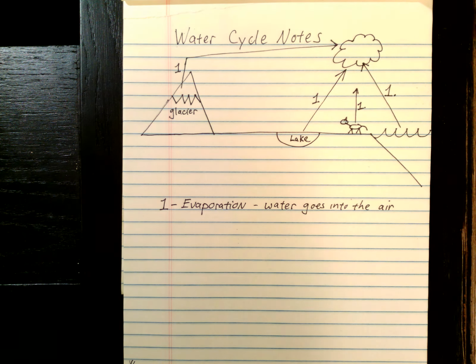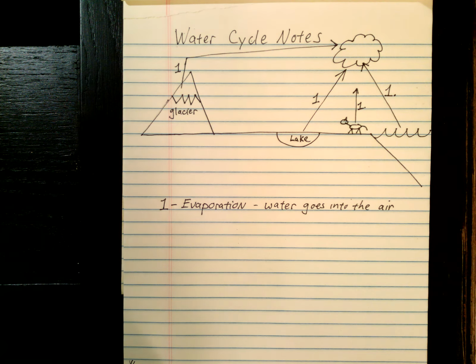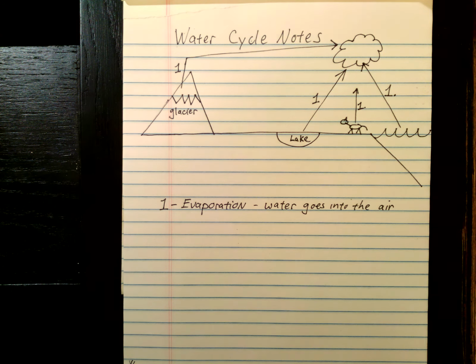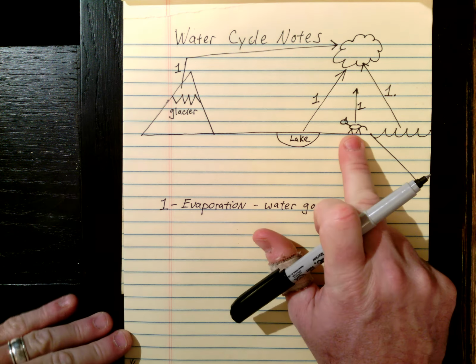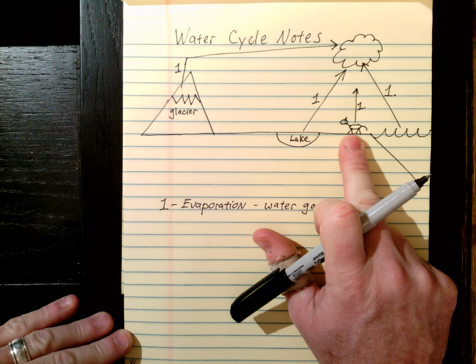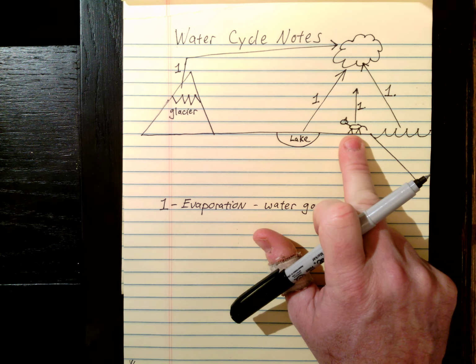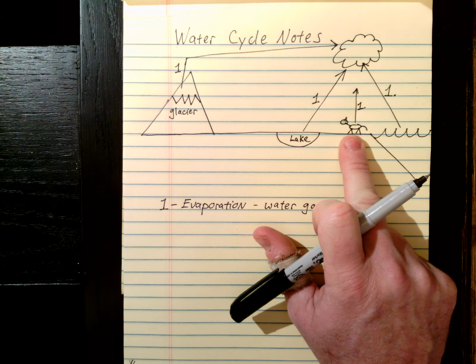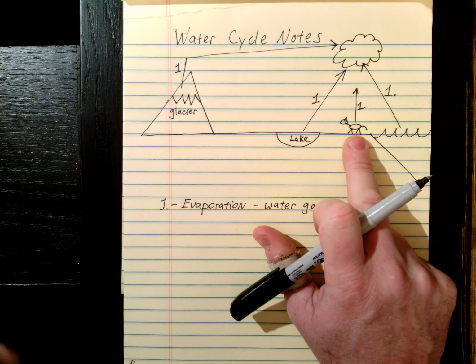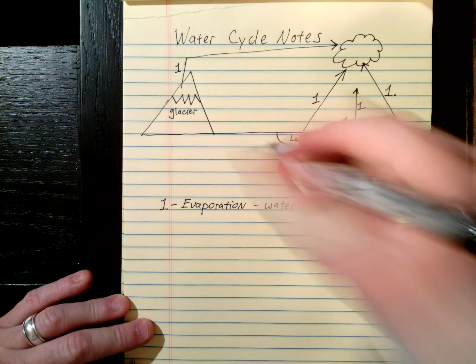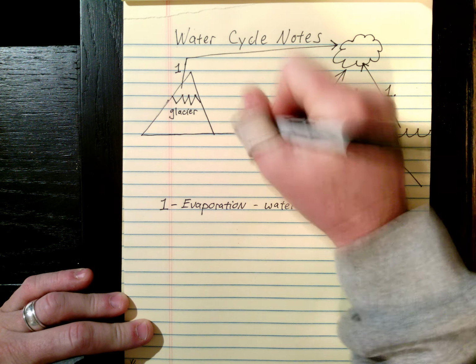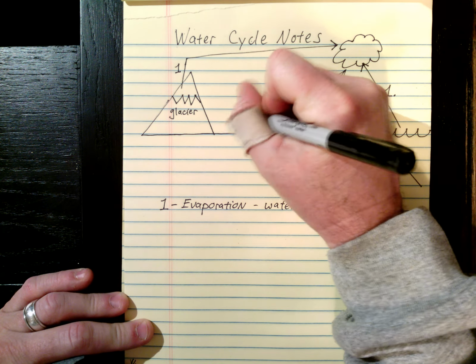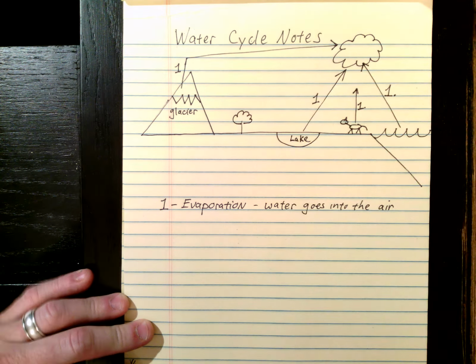Okay, so that's the first part of our water cycle here. But there's a lot more than animals down here that are spitting out water into the air. Plants also do the same thing. But plants don't sweat. So we're not going to call that evaporation. For my plant, I'm going to draw myself a tree.